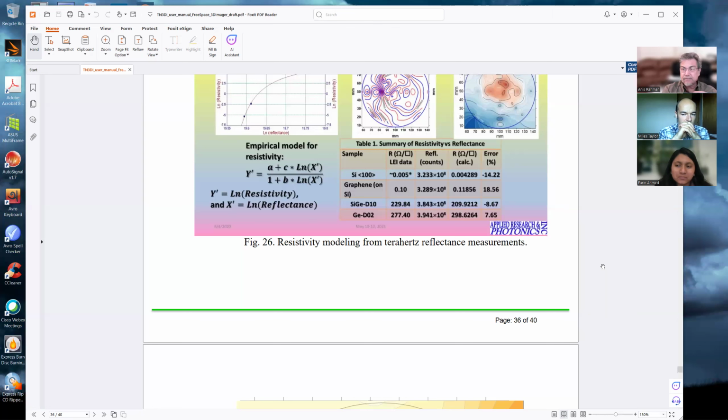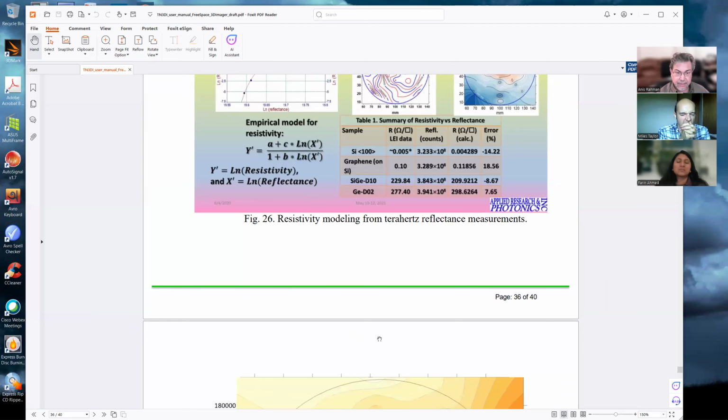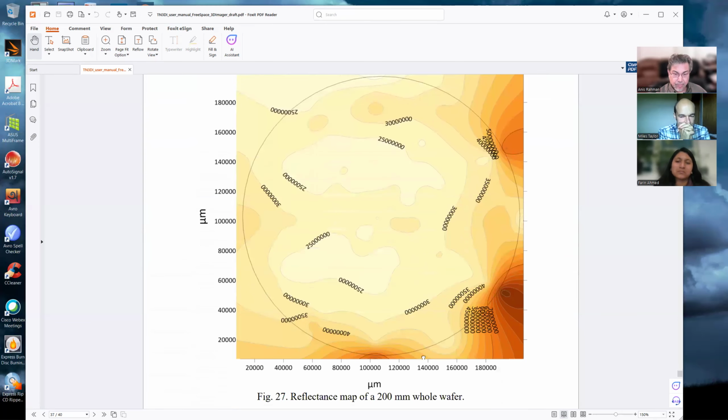This transition is a really tricky thing to measure. There are techniques to measure it, but T-ray can very easily probe that transition as well. That data is not shown here, but so you know.